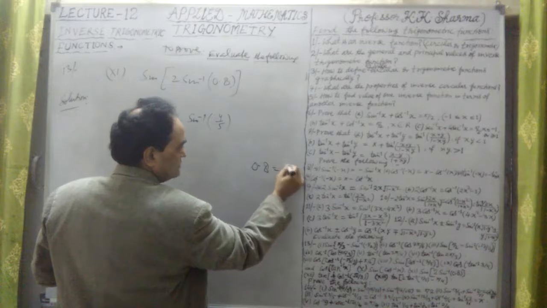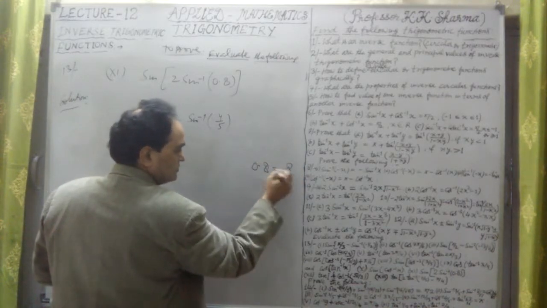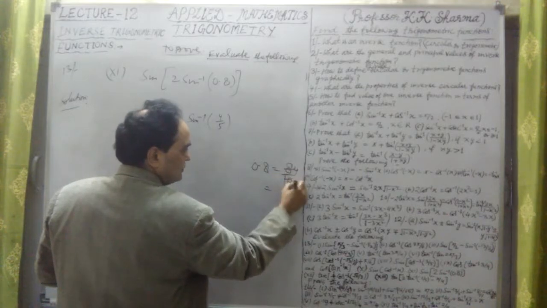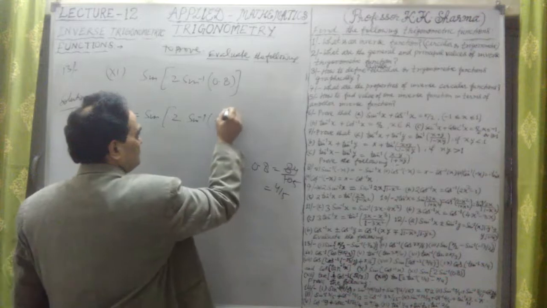The decimal is cancelled out, and cancelling by 2 we get 4 by 5 only. I have written 4 by 5 here.